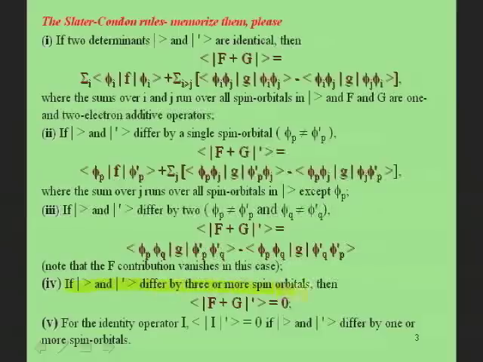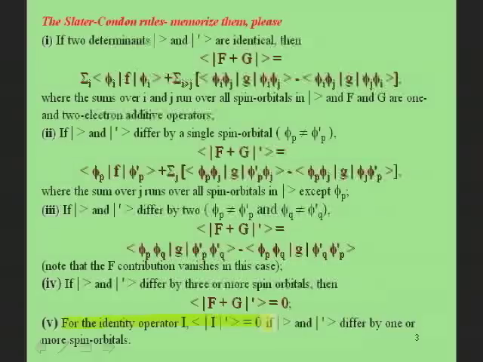Then the final matrix element is, what if you have this determinant and this determinant, and they differ by 3 or 4 or 7 or anything 3 or greater? Then the matrix elements of any 1 and 2 electron additive thing is 0. Then the final thing, just to mention parenthetically, is if we have the identity operator.